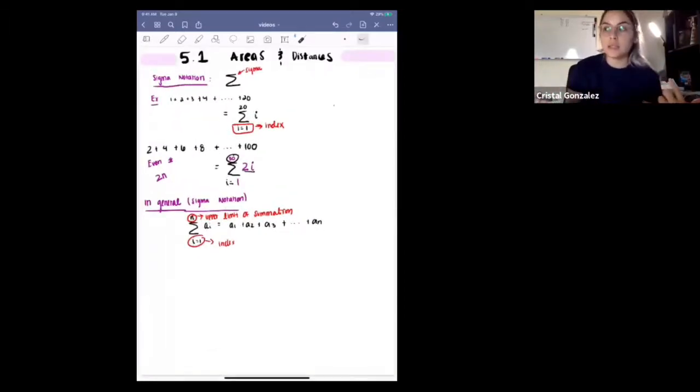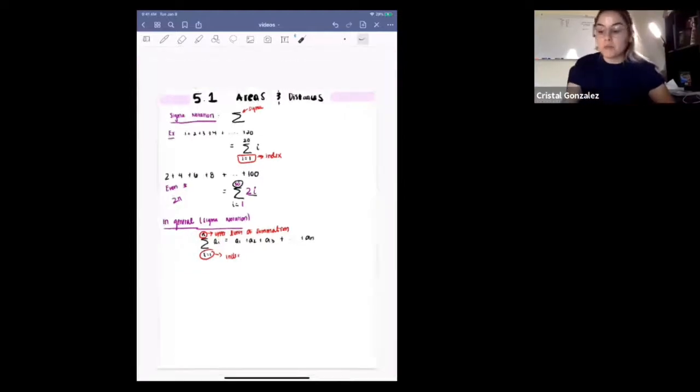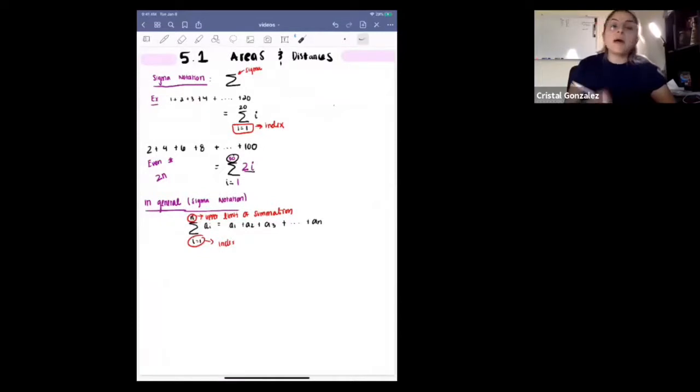You will see this again in Calc 2 for sure when you're doing series. So don't let this scare you. It's really not that bad. You might not do it exactly the same way as we're doing it now, but it's a good way to get a feel for the notation and some of the properties you will use again in Calc 2.